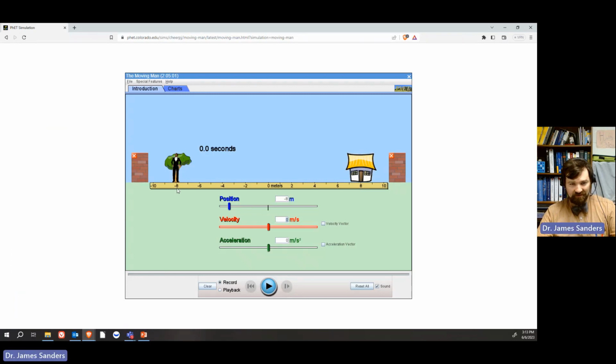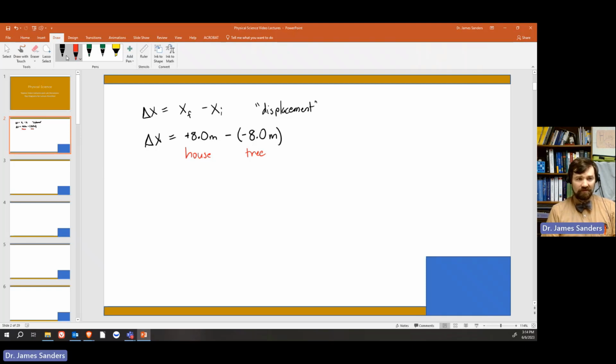He's starting here, initially at -8, where the tree is. He has to end here at the house at +8. So my displacement, 8 minus -8, is the same as 8 plus 8. This is 16, and with significant figures, 16.0 meters. All right, so that's my displacement.